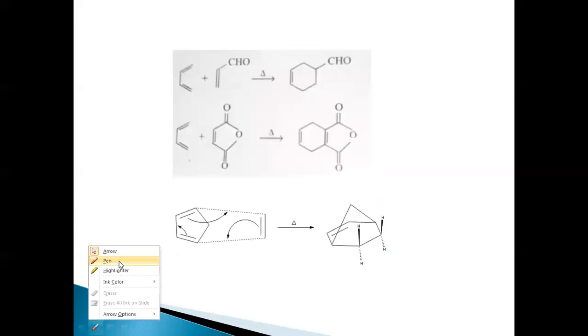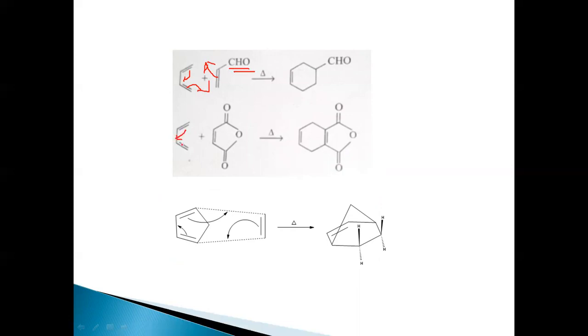So let's look at a few more examples of this Diels Alder reaction. The mechanism is something like this, and the position of this substituent is not changed here. Same thing. And if you look at this, this is what is happening, and this is the addition product which is formed, and this is a six-membered ring. The six-membered ring is common in all of them.